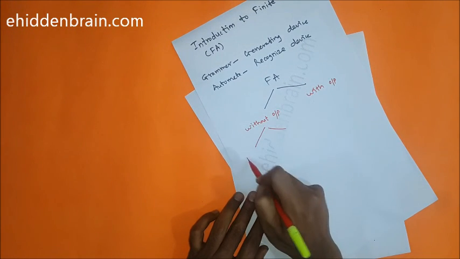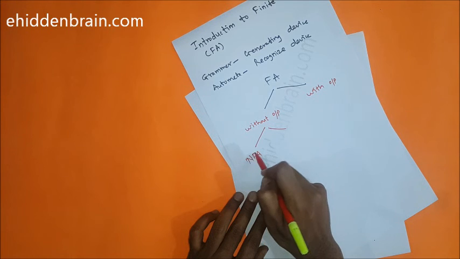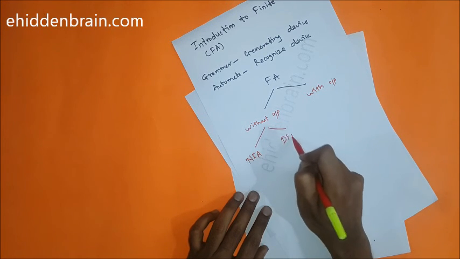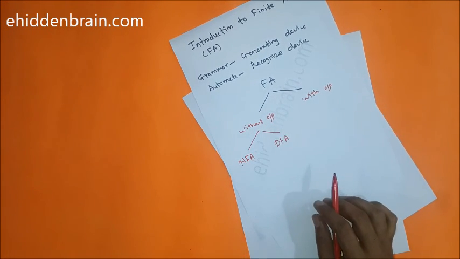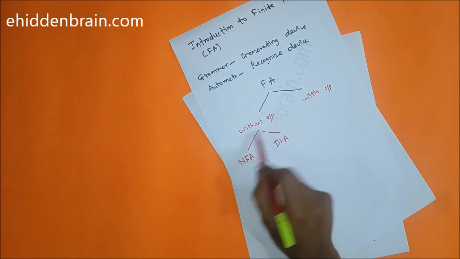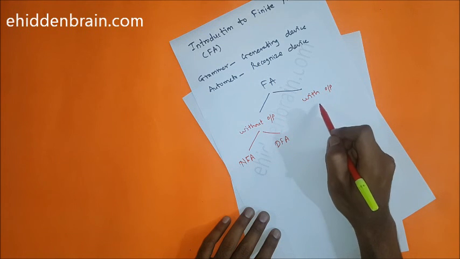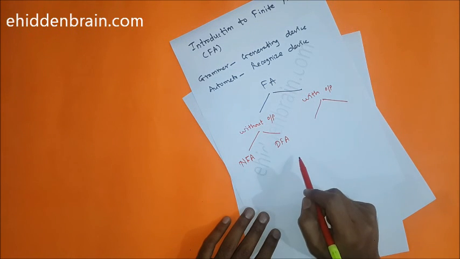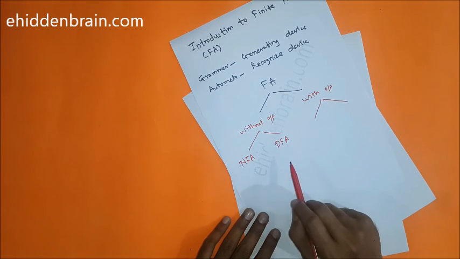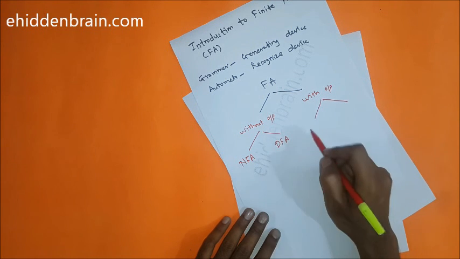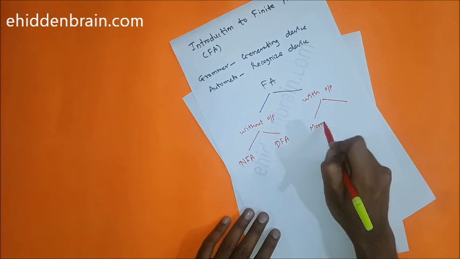Without output category consists of non-deterministic finite automata and deterministic finite automata. These are two types of automatas where we don't have output, but we can recognize whether the string is accepted or not. Now here we can recognize the string as well as see the output also, and these are Moore and Mealy machines.